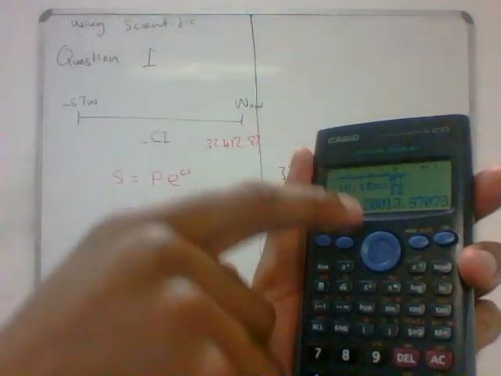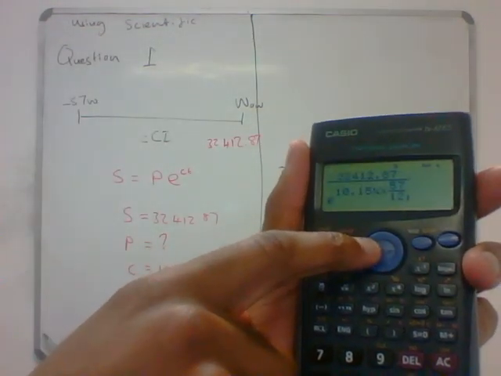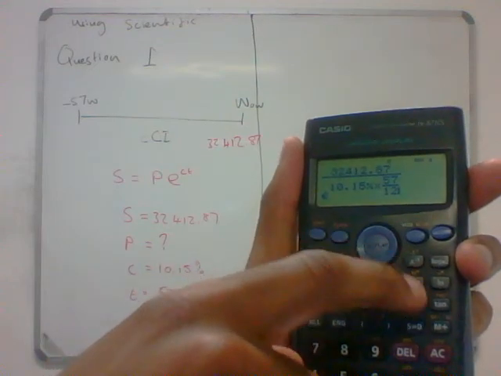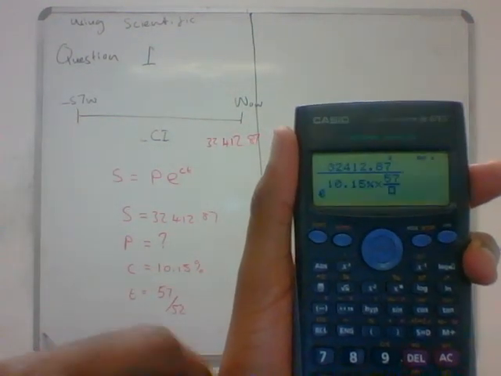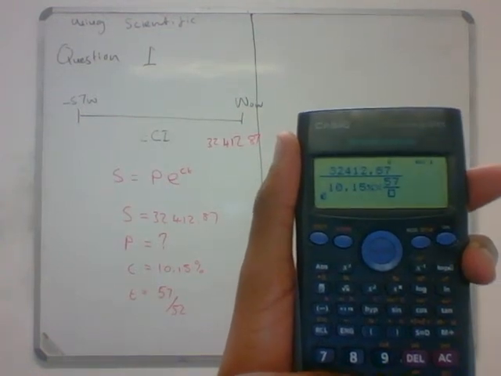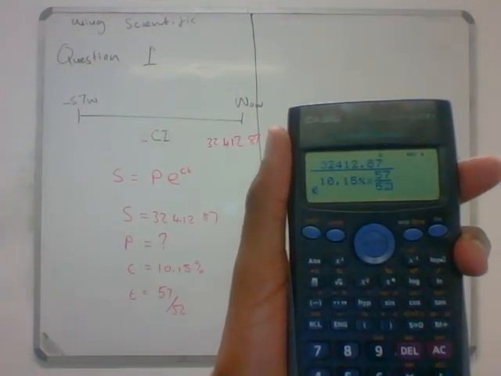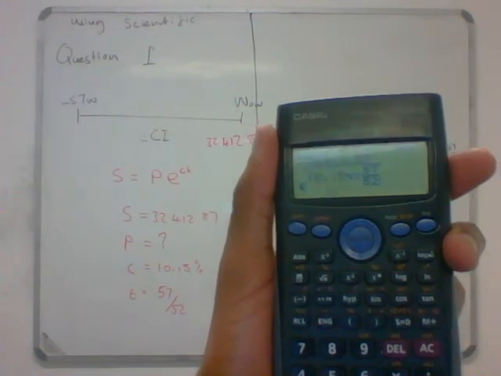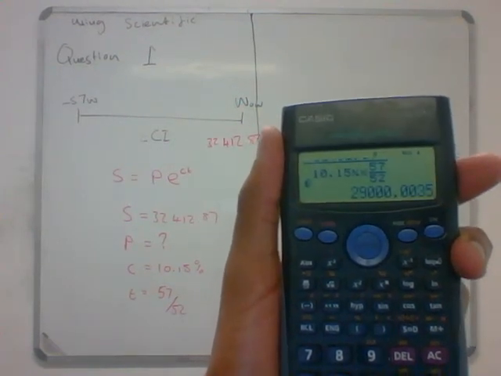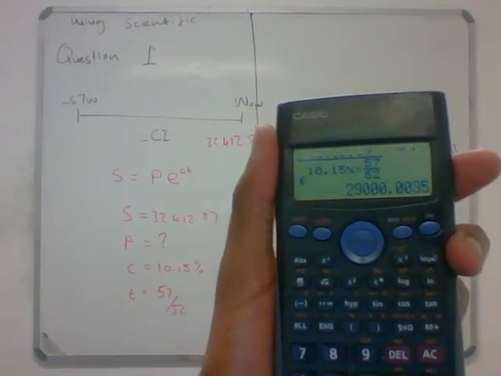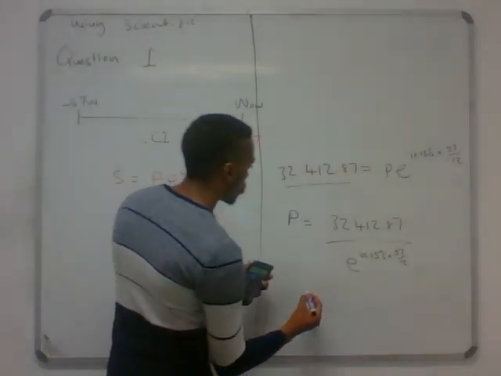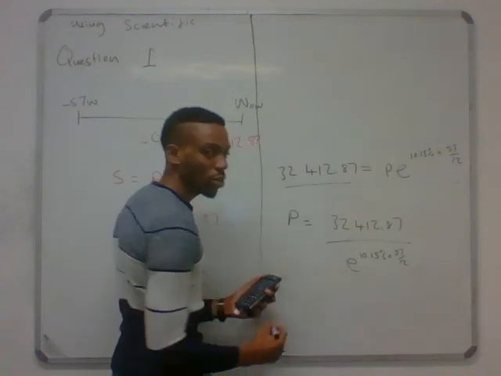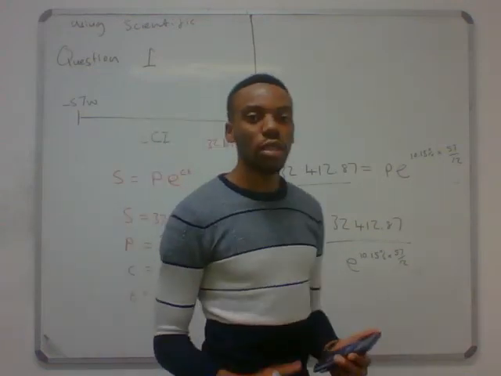Let me just check. No, it's not over 12, sorry. Remember that there are 52 weeks in a year, so it's supposed to be 52, not 12, because it must be divided by 52. Then equals, we get 29,000. This calculator is not hard to learn.